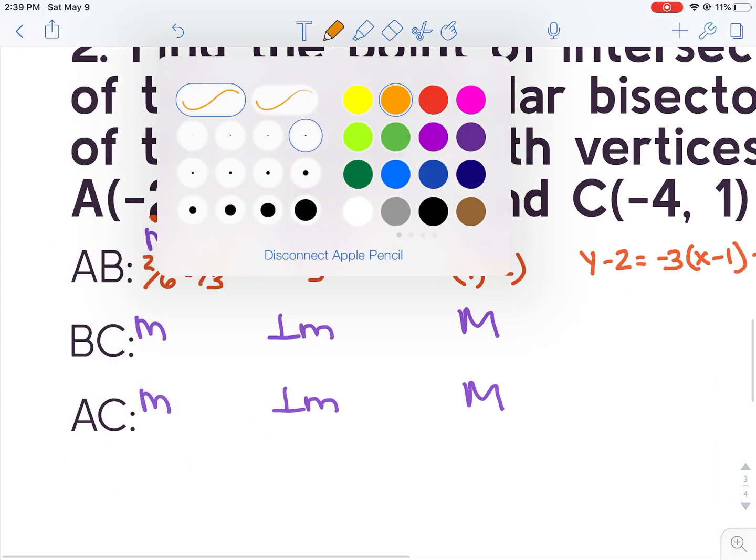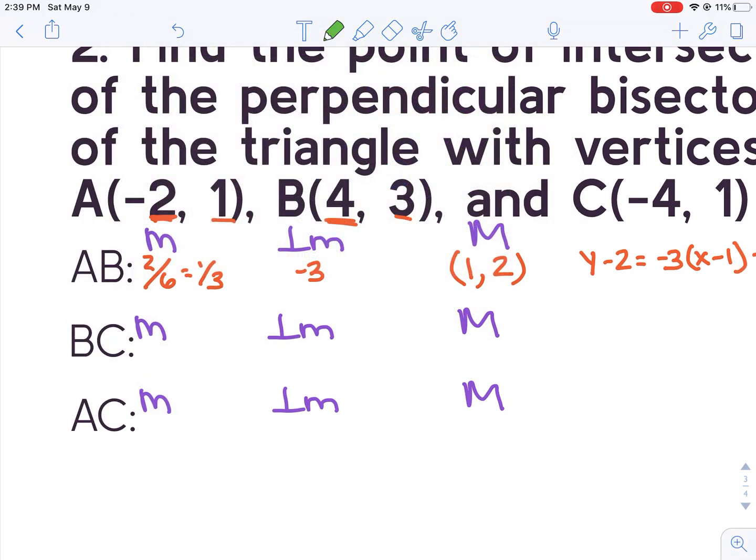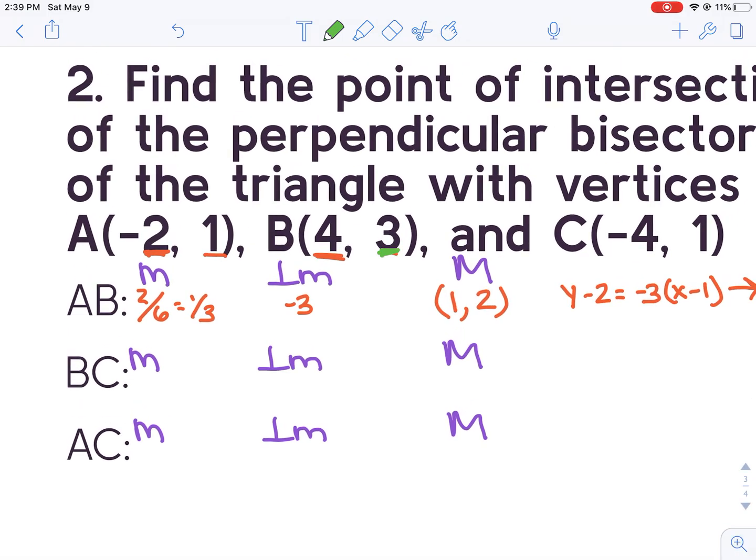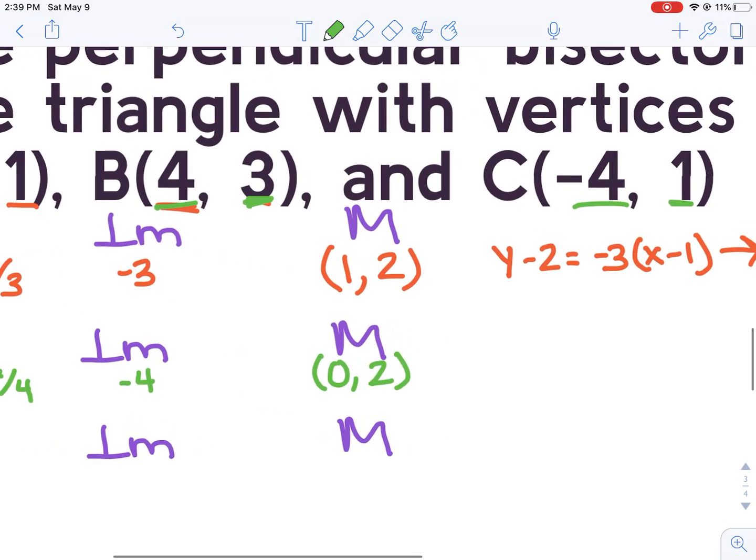I'll do the same thing with B and C. So from B to C, my y value is going down 2. My x value is going down 8. So that slope is 1/4. My perpendicular slope then is -4. My midpoint is 0, 2. Use your perpendicular slope and your midpoint in point slope form.